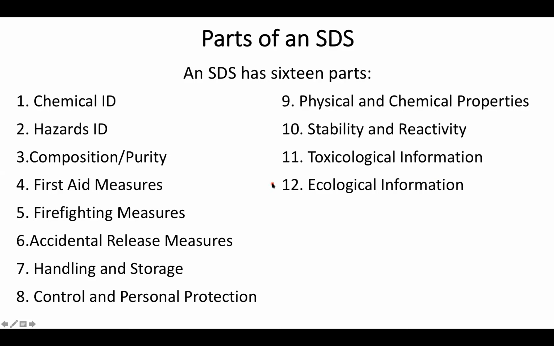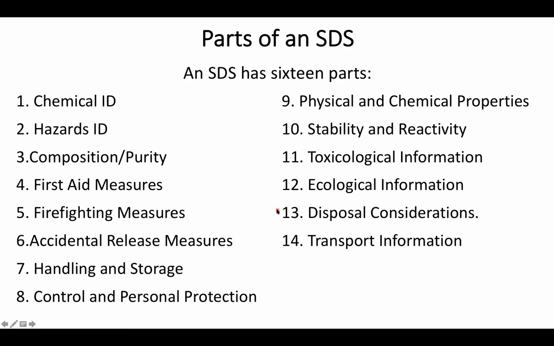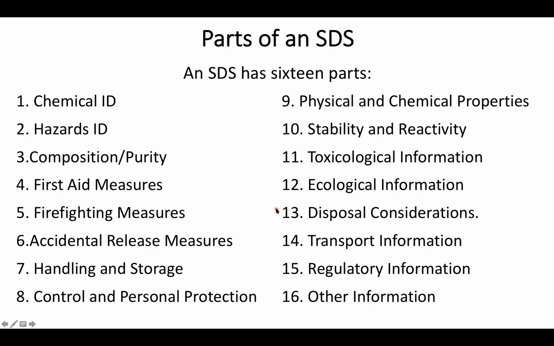And again, similarly to release, what sort of ecological damage it may do. And to avoid that sort of issues, how should I dispose of the chemical? And is there any special information I need for transport or regulatory information, such as, is this a controlled substance? But because it turns out that even this might not be enough information, we do have an other category.